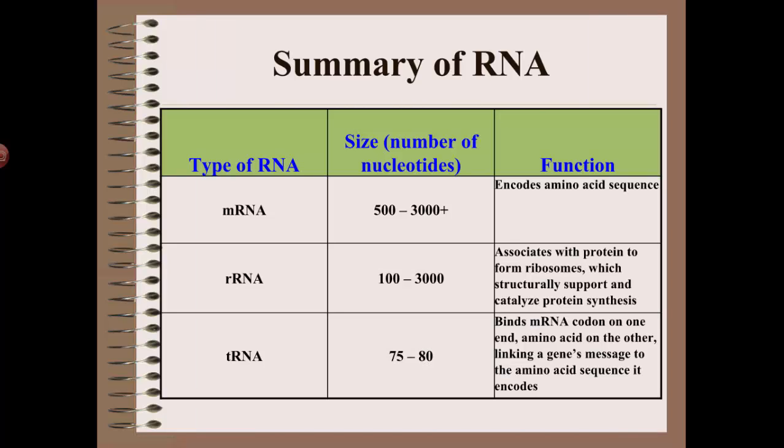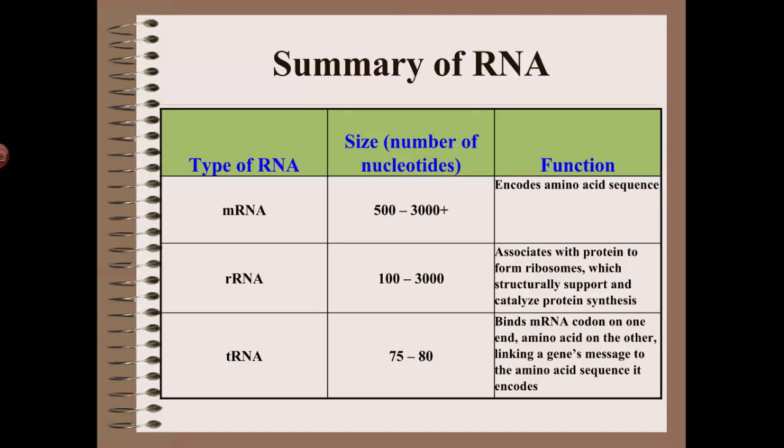So to summarize, 3 types of RNA: messenger RNA, somewhere between 500 and 3,000 or more nucleotides in a row, and that is the encoding of the amino acid sequence. It's the information from the gene. rRNA, ribosomal RNA, 100 to 3,000 nucleotides in length.